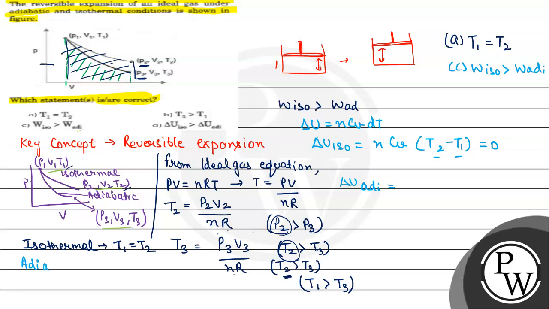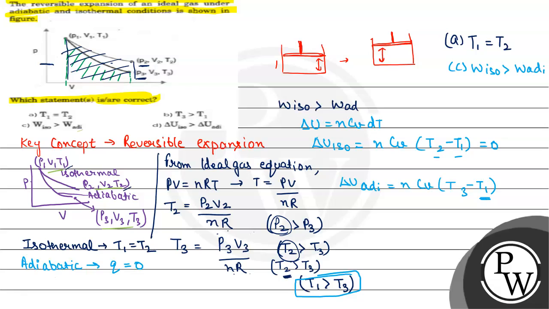I am writing here about adiabatic also. In adiabatic, heat change is 0, or we can say Q remains 0. And let us come to the internal energy, and for adiabatic it will be nCv (T3 minus T1). From this relation we have seen that T1 is greater than T3.